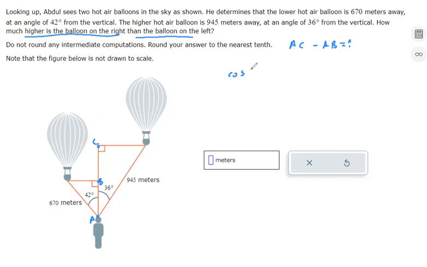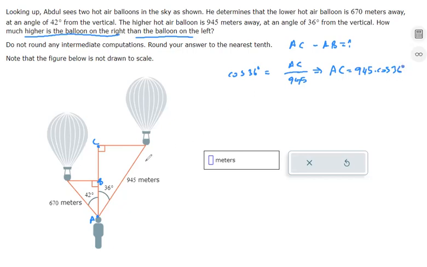Cosine of an angle, in this case 36, is equal to the adjacent side, which is AC, divided by the hypotenuse, which is 945. Okay, so that is my definition of the cosine. If I multiply both sides by this number, I can get AC itself. So AC is equal to 945 times cosine 36 degrees.